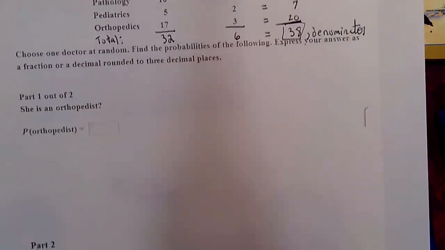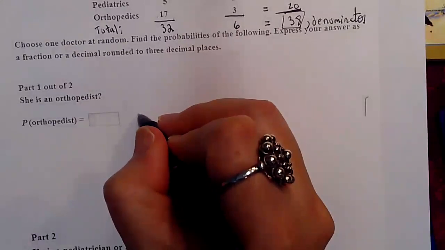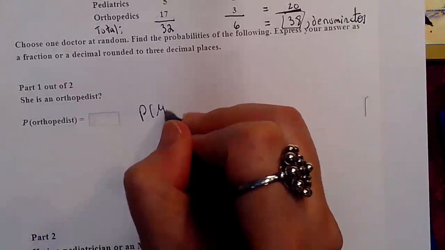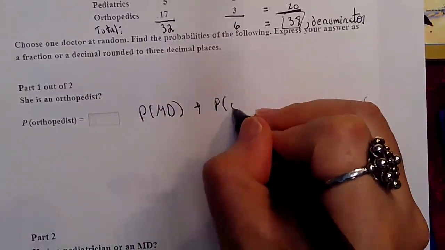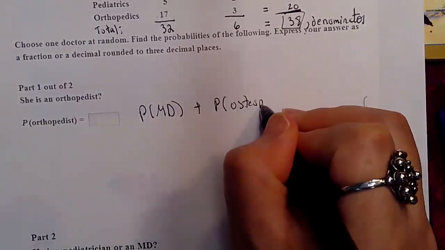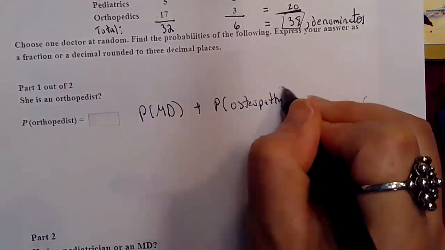So on my formula, this would be probability of the MD plus probability of the osteopathy.